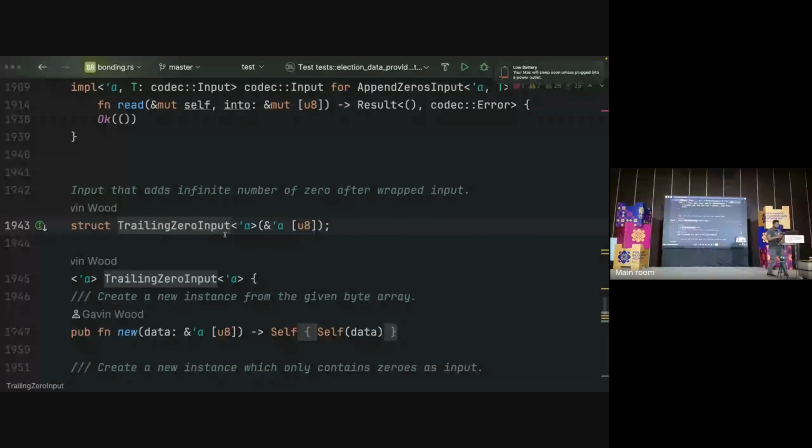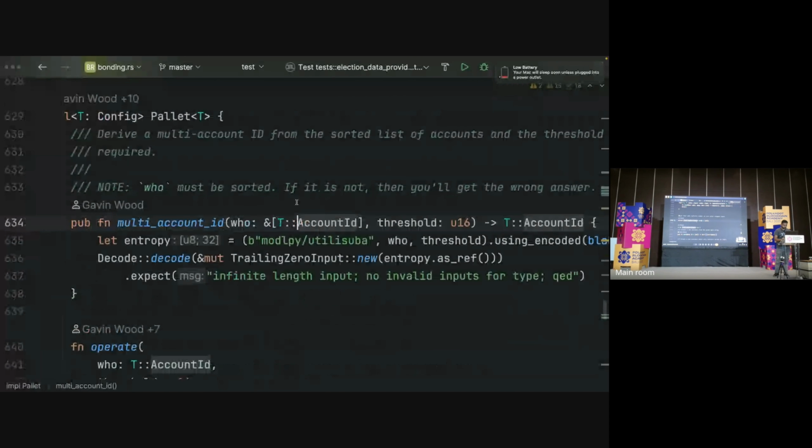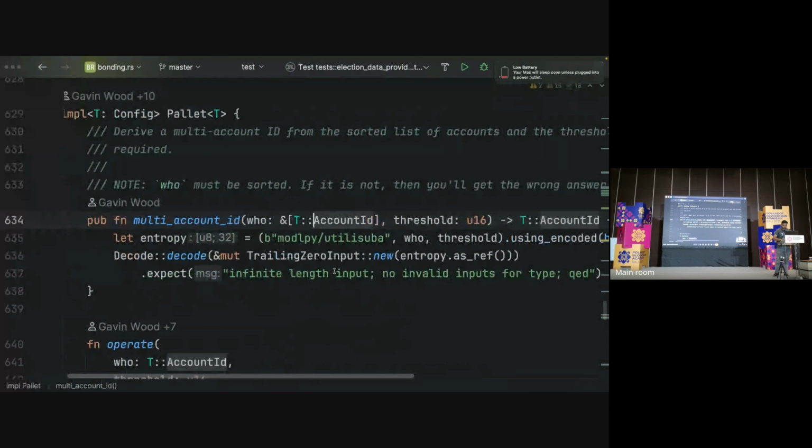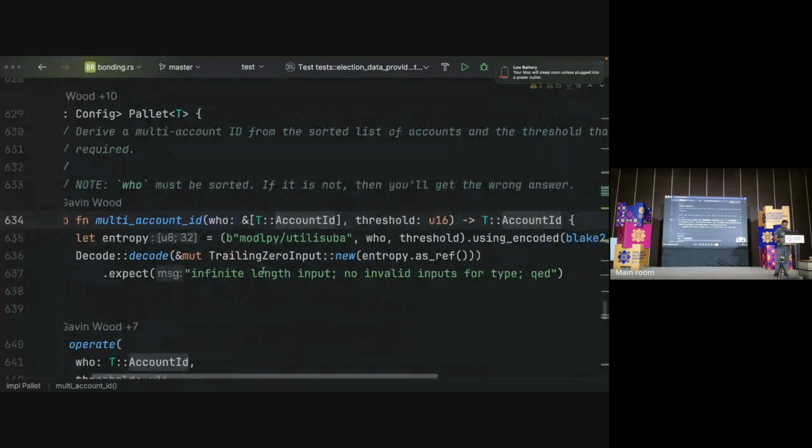So you fill the rest with zeros, and this will decode into some account ID. So this is something you can refer to for how to generate a unique account ID, right?